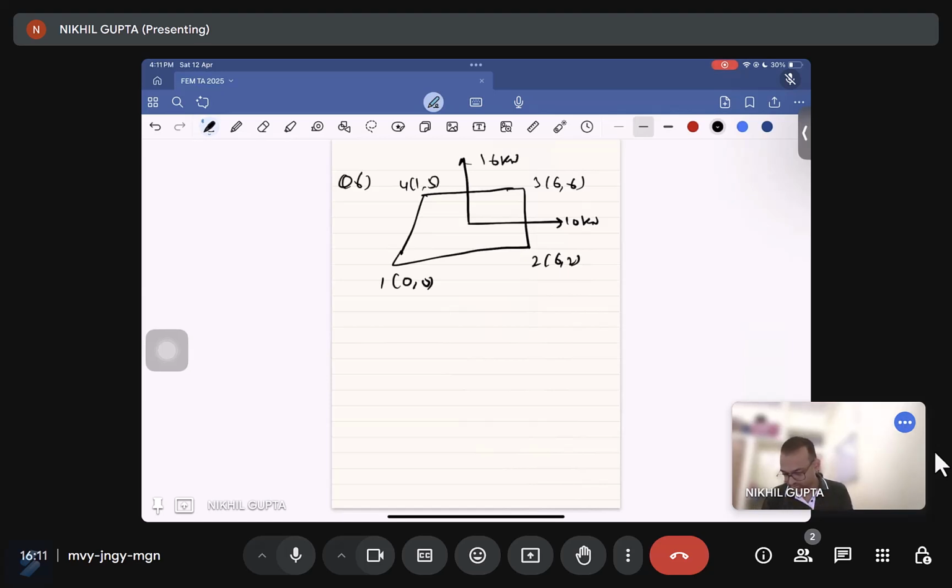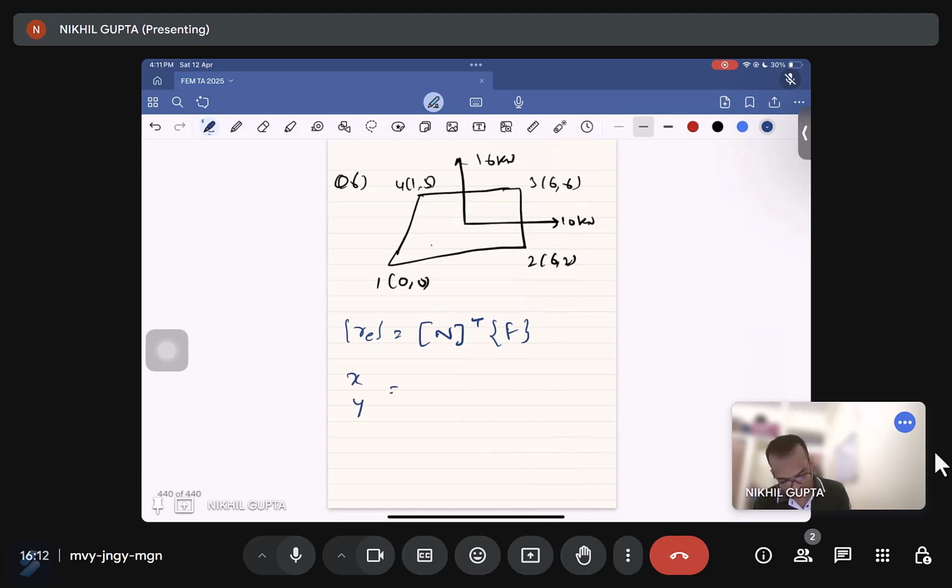Okay, so what you will do here, you have to get the nodal load vector, simply N transpose F. So xy is this, where you have to calculate, which is 4 comma 5.